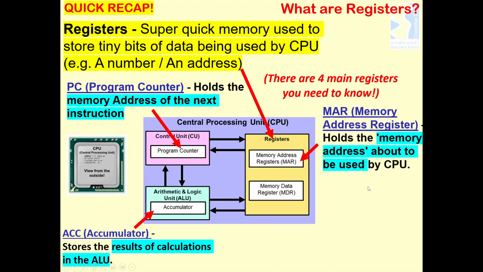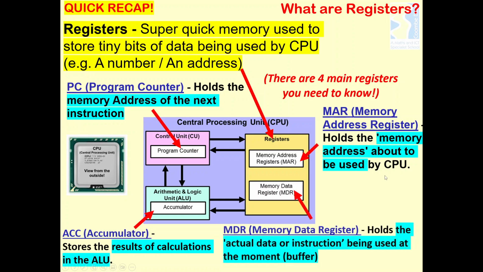The memory address register holds the memory address about to be used by the CPU. And the memory data register holds the actual data or instruction that's being used at the moment as it's copied from memory into the CPU. Those are the 4 registers that you need to know. Why are we going back over that again? Because you need to understand that so you can understand the next part. Okay, here we go.